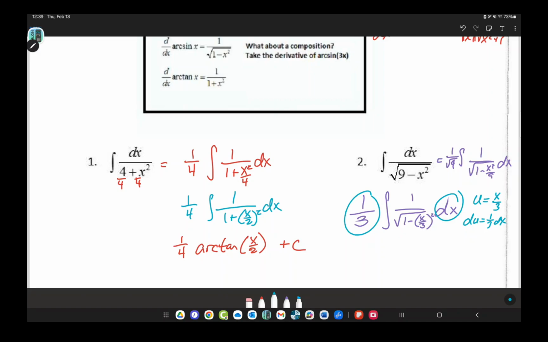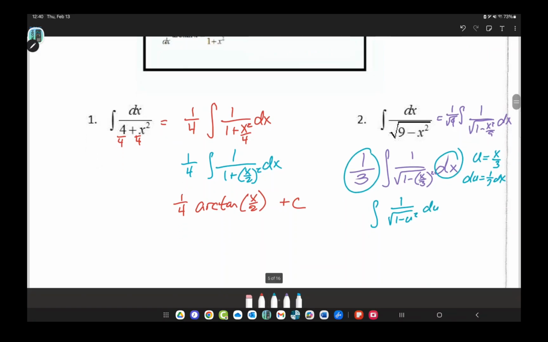So we can write this as the integral of 1 over the square root of 1 minus u squared du, which is equal to arcsine of u plus c. That gives you arcsine of x over 3 plus c.